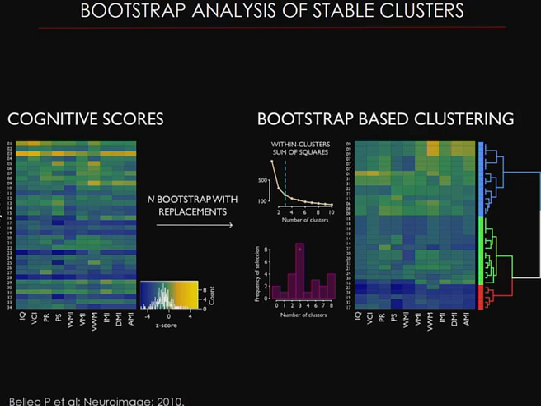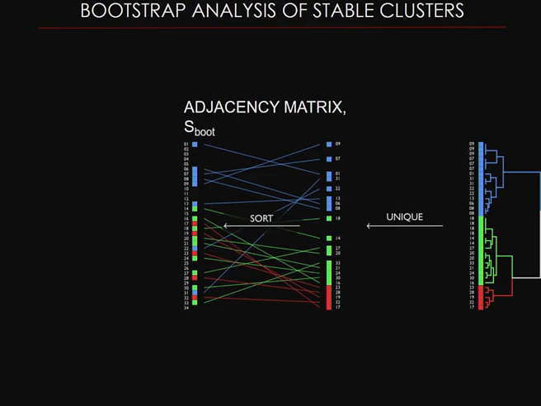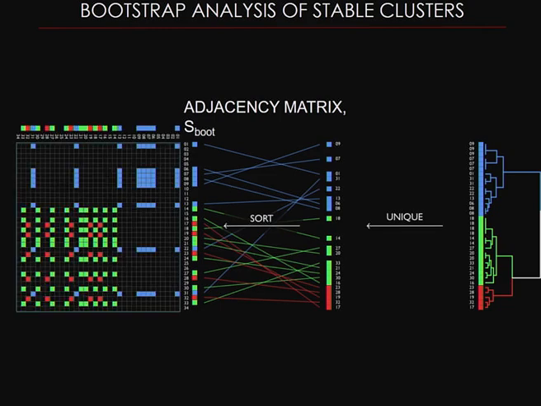Then we did a bootstrap with replacement, and over the new bootstrap matrix, we did a hierarchical agglomerative clustering, and we obtained the optimal clusterization for this partition. Then we create an adjacency matrix from this. So over the clusterization, we took all the unique values, we sort them, and then we create the matrix, filling it with 1 when 2 subjects are in the same group, and with 0 otherwise.